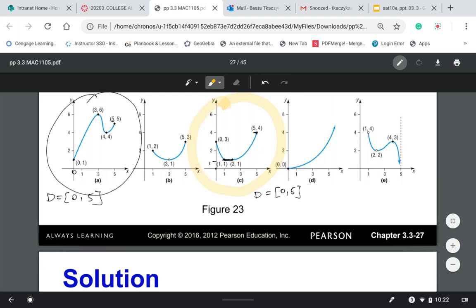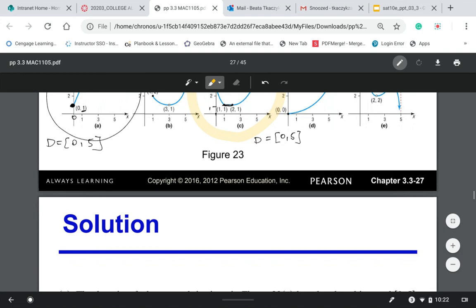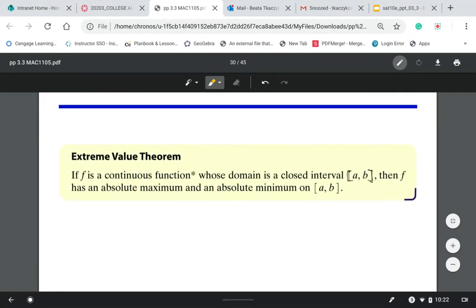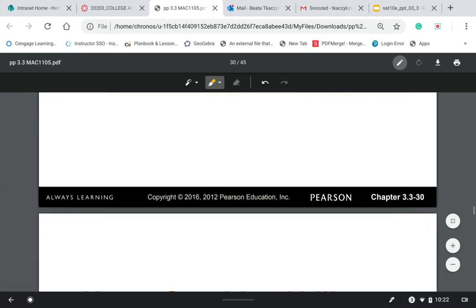And if the domain of the function is a closed interval, your function has an absolute minimum and an absolute maximum. We have an absolute minimum value equal to 1 at x equals 0, and an absolute maximum of 6 at x equals 3. So the extreme value theorem just states that if the domain is a closed interval, then we always have an absolute minimum and an absolute maximum.